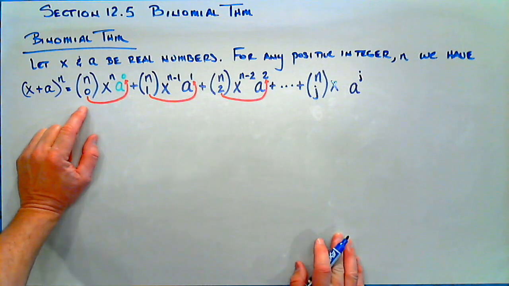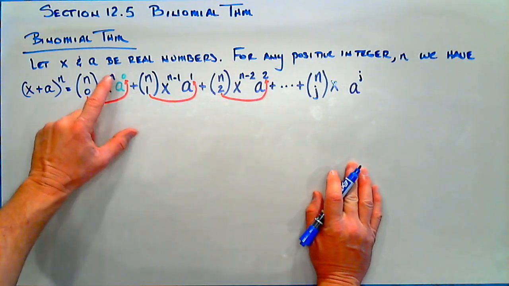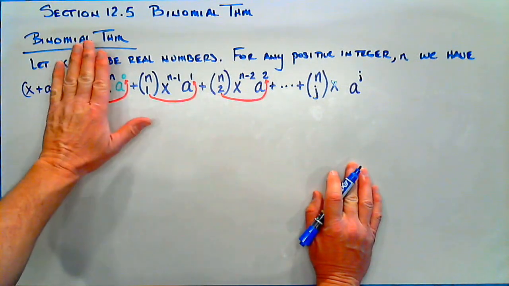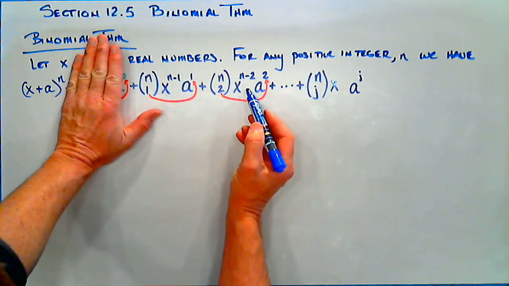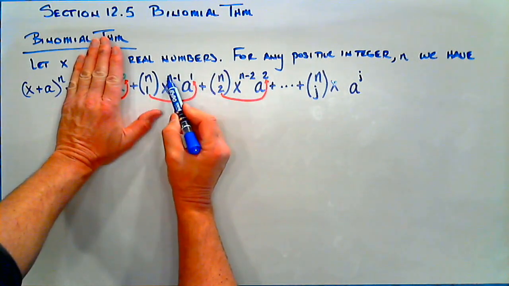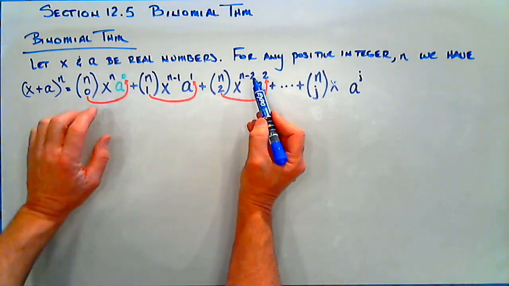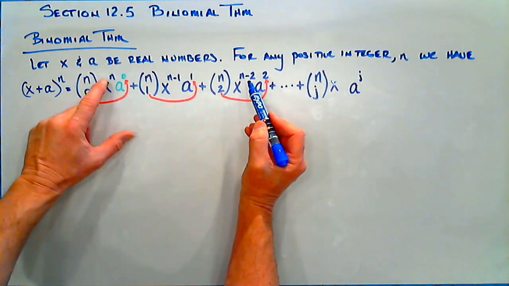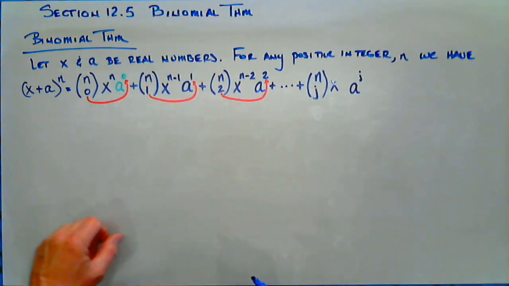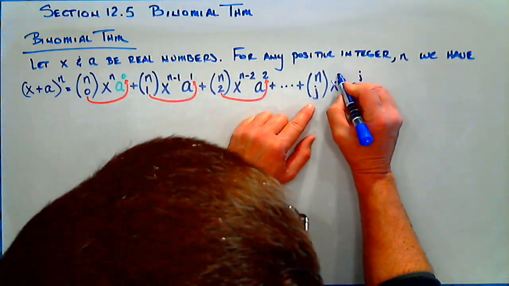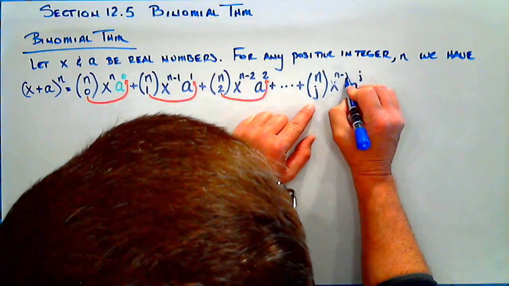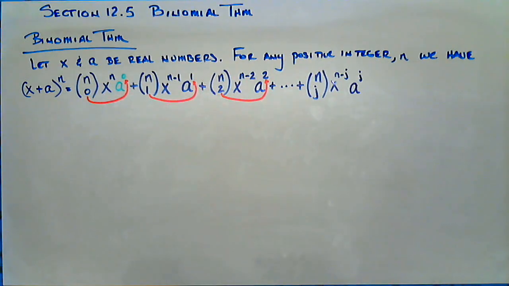What's the power on x going to be? Well, if you look right here, x has an n. That doesn't tell me a lot, but look what happens after that. This is a 1, n minus 1. This is a 2, n minus 2. Oh, wait a minute. This is a 0, n minus 0. So if this is a j, this is going to be n minus j. Now, if that was confusing, if right now you're thinking, ooh, I didn't get that, that's not a big deal.